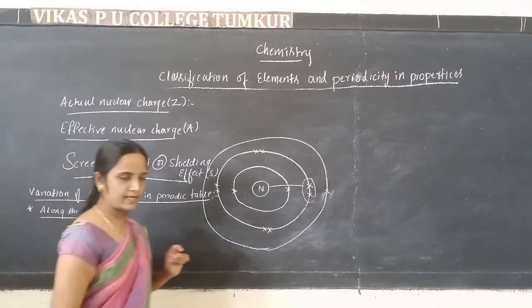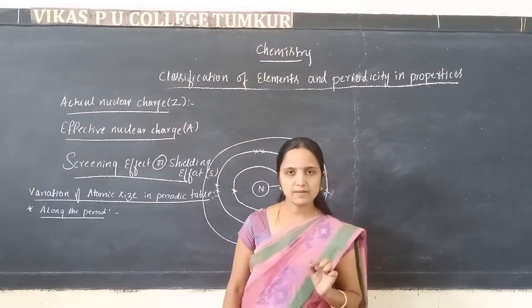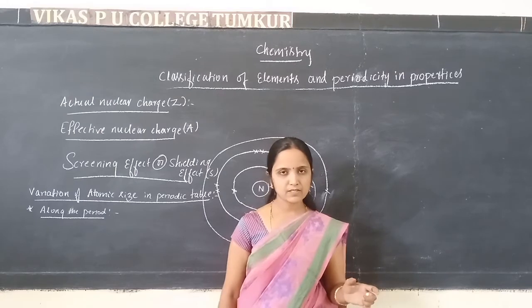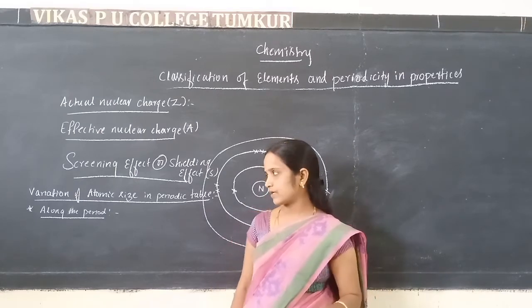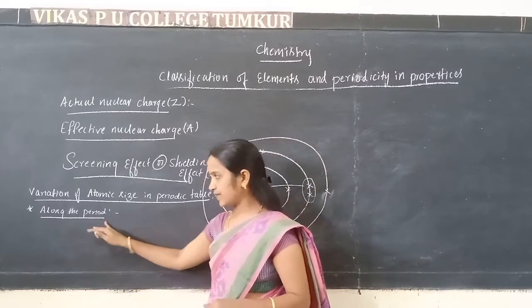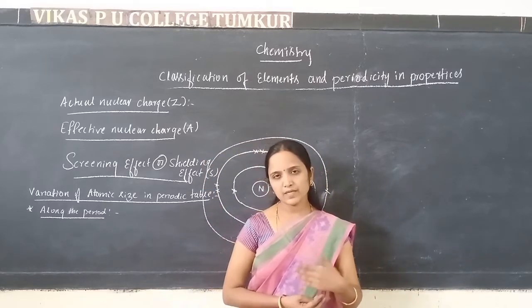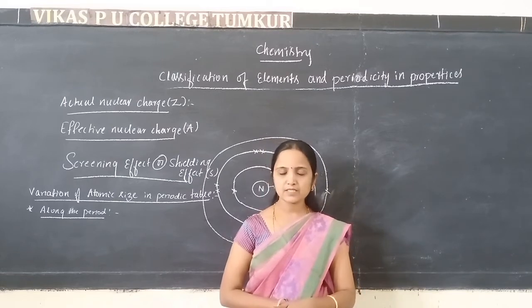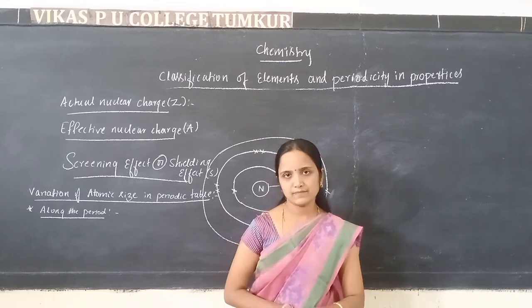We know that the periodic table is divided into 7 periods and 18 groups. Horizontal rows we call periods. Along the period, the atomic number increases. The added electron enters the same shell.